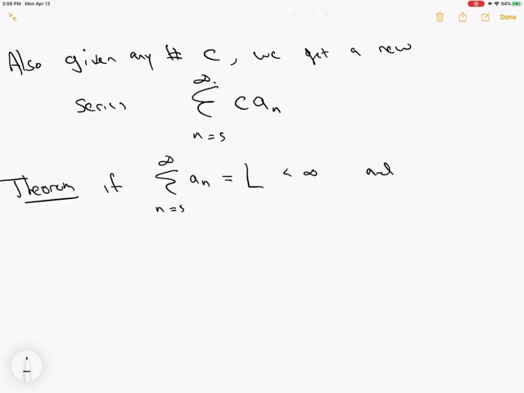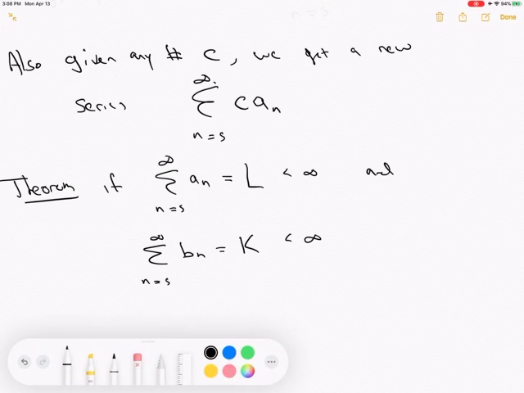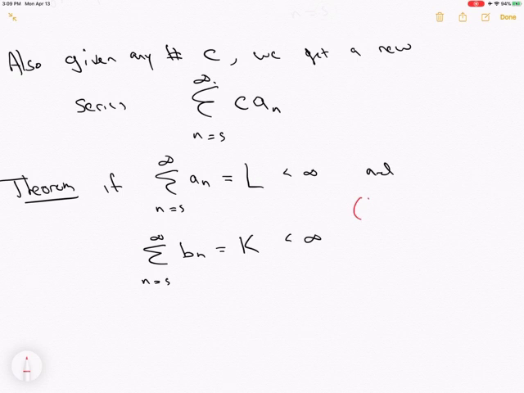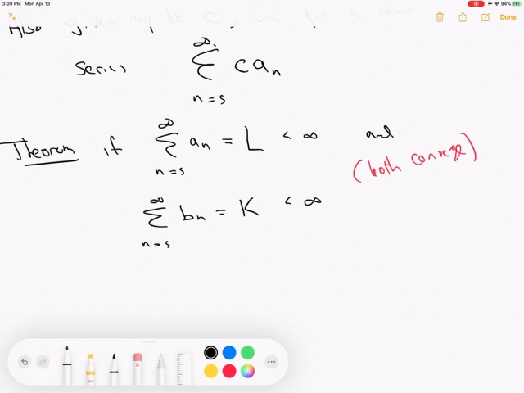So if we take two series, a series over the A's and a series over B's with the same starting position, and they both converge, this just means that they both converge. And I'm telling you a symbol of what they converge to.